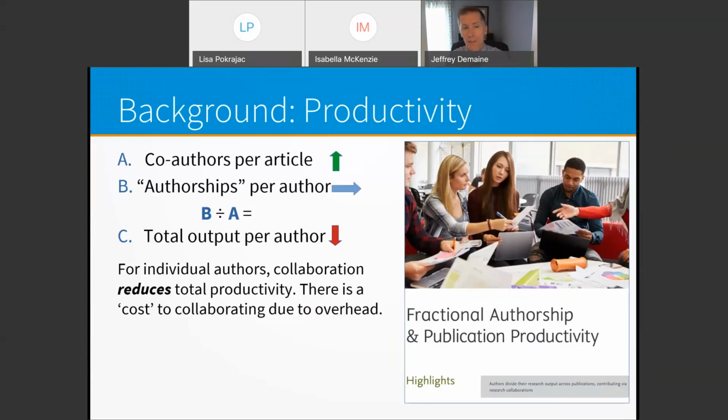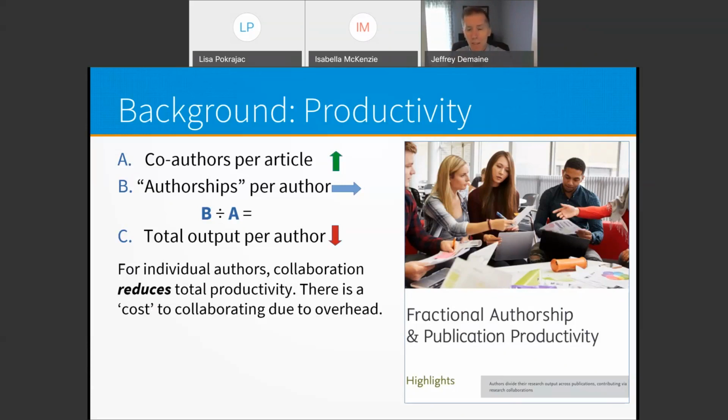The CNCI of these multi-authored papers is very high, and they say these papers are such outliers that they should be treated separately. The quote in blue: articles with more than 10 authors should be acknowledged and separately described because they will influence interpretation. All right, so that's more background for us.